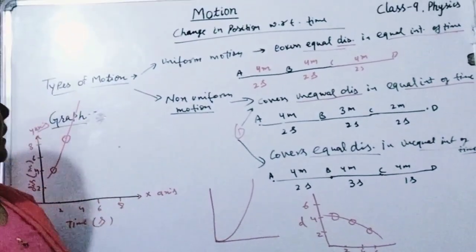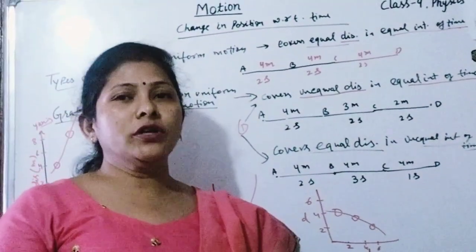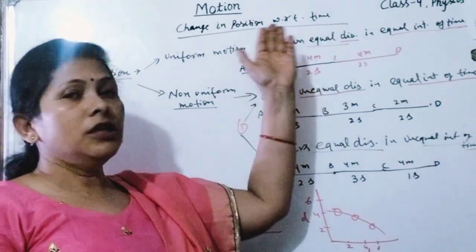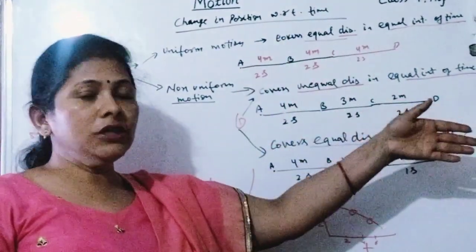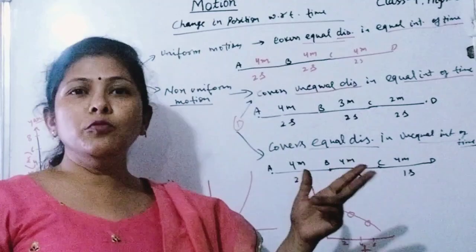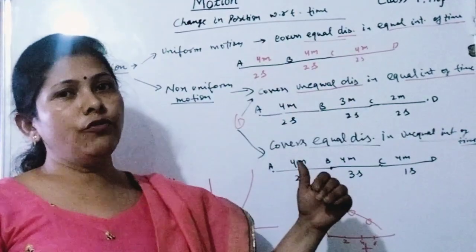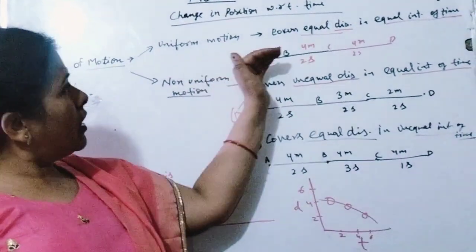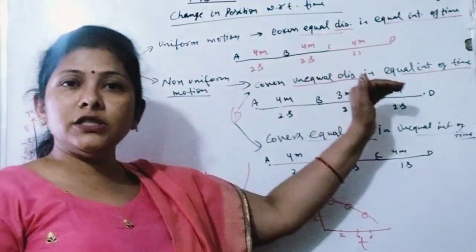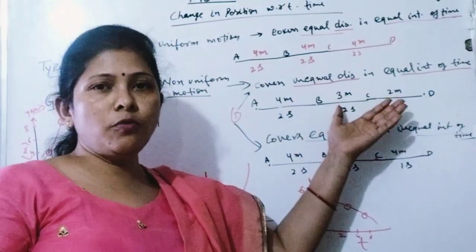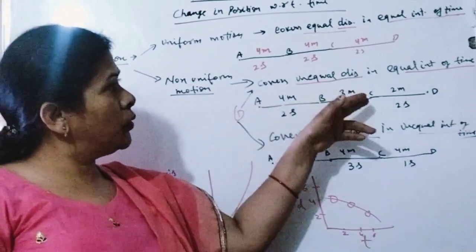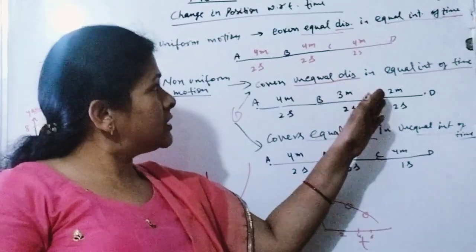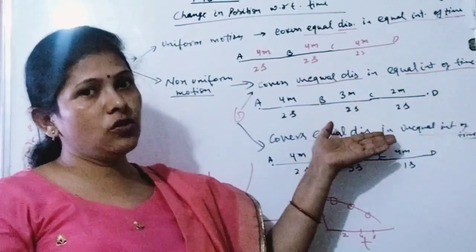So in this video I covered the topic what is motion. Change in position with respect to time is motion. There are two types of motion: uniform motion and non-uniform motion. When objects cover equal distance in equal interval of time, it is uniform motion. When objects cover unequal distance in equal interval of time, it is non-uniform motion.